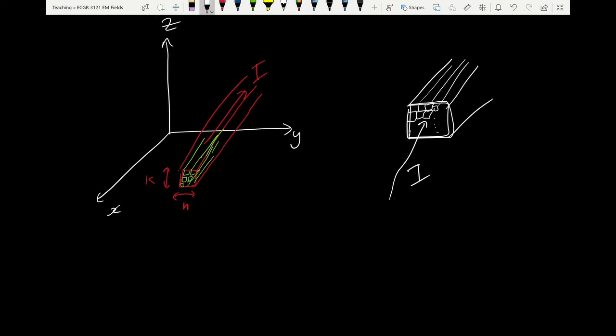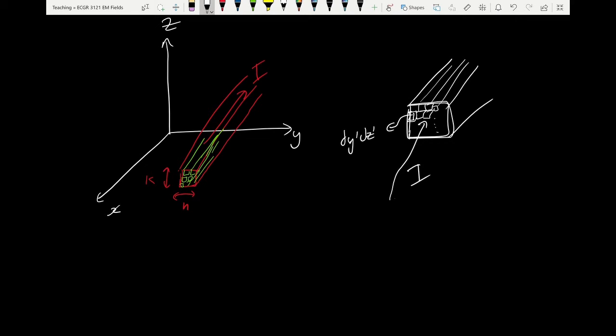I won't draw the whole thing, but this gets distributed across this cross-sectional area. Each small filament has dimensions on that cross-sectional area; the thing is in parallel with the YZ plane. So it has dimensions dx, dy prime, dz prime, right?